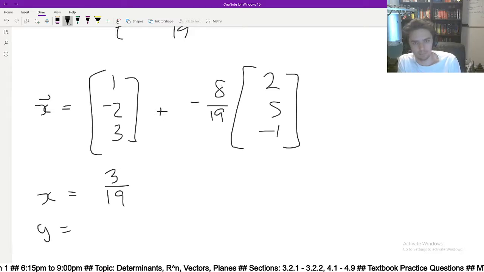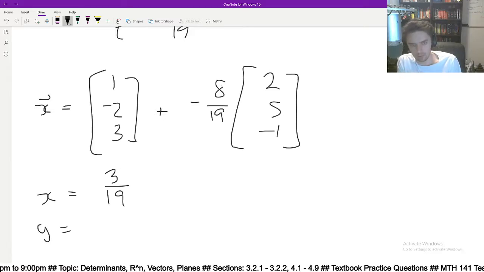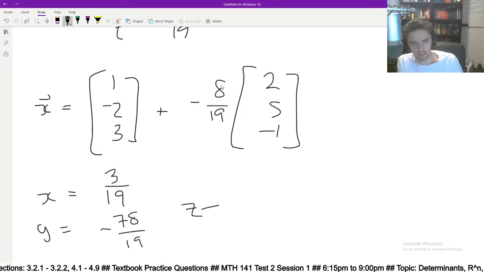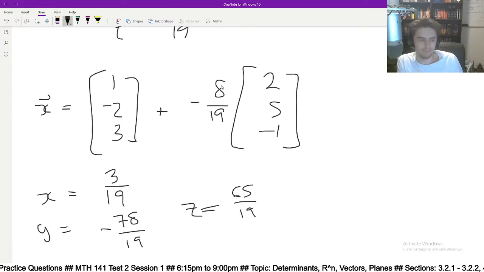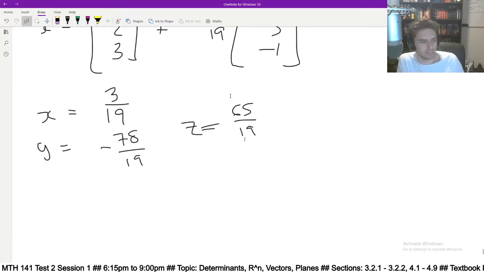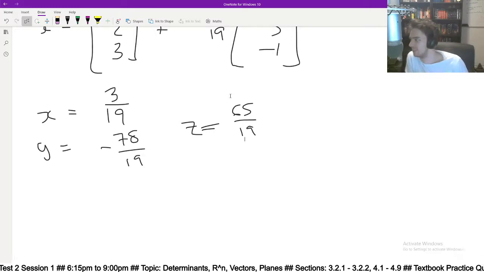Y is negative 2 minus 8 times 5 over 19, which is negative 78 over 19. And z equals 3 plus 8 over 19, so 65 over 19. Doesn't seem like a very clean answer, so who knows, but that's the point that I think it is, based on this.